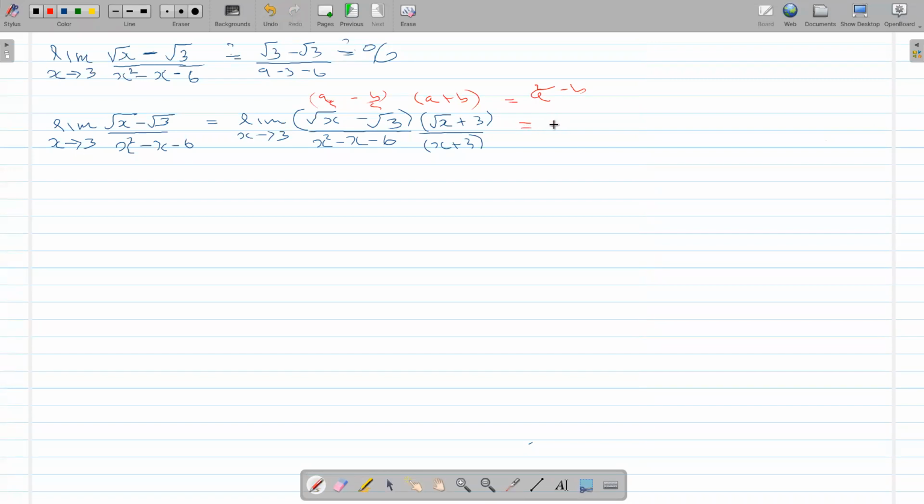You can skip this step; I'm just writing it for demonstration purposes. So this is the limit as x goes to 3. This square root x is a squared, no? This is square root x squared because a is square root x. This is square root 3 squared. So you get that.